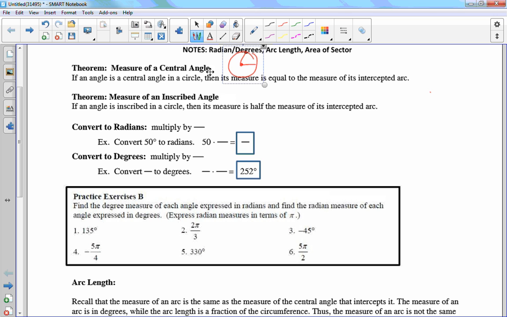The measure of an inscribed angle has the vertex on the circle. The angle is half, the arc is twice, right? Now we're going to convert to radians and degrees.